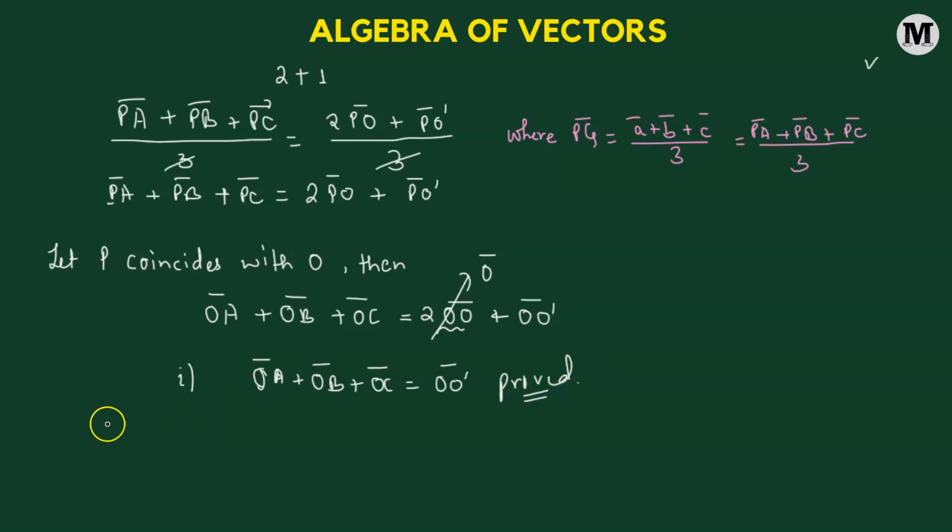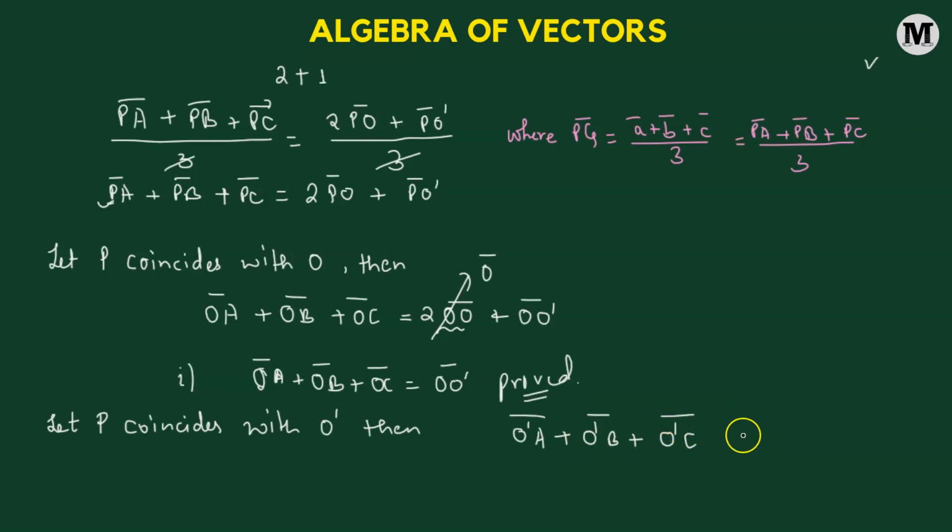Now coming to the second part, this time we are going to let P coincide with the orthocenter. So let P coincide with the orthocenter O prime. Then in that case we can replace this P with O prime, which is going to give us O prime A vector added to O prime B vector plus O prime C vector equal to 2 times O prime O vector plus O prime O prime vector.